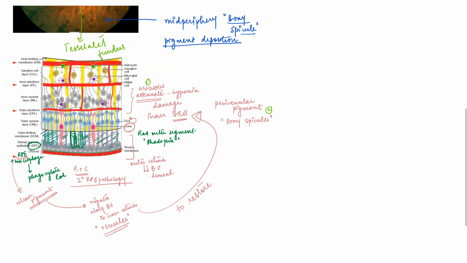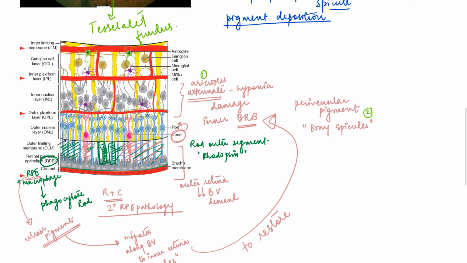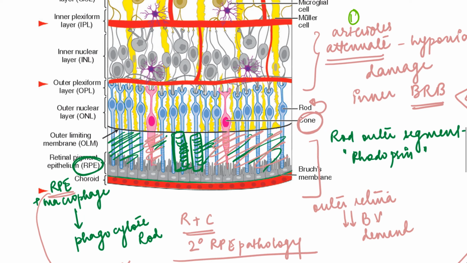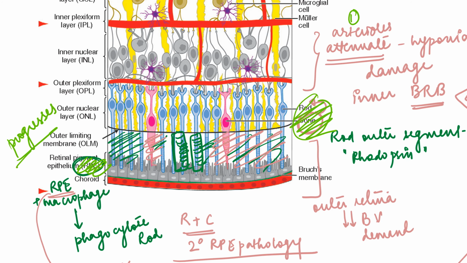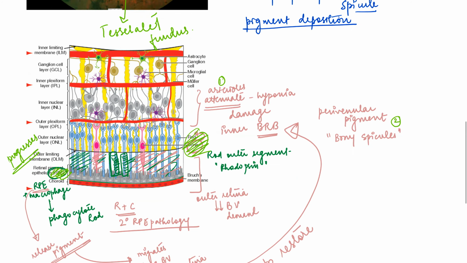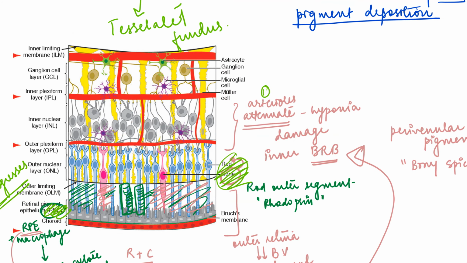Now let us see what happens further. So once the rods and the cones are affected and the RPE is affected, the disease progresses, and it eventually involves the ganglion cell layer.